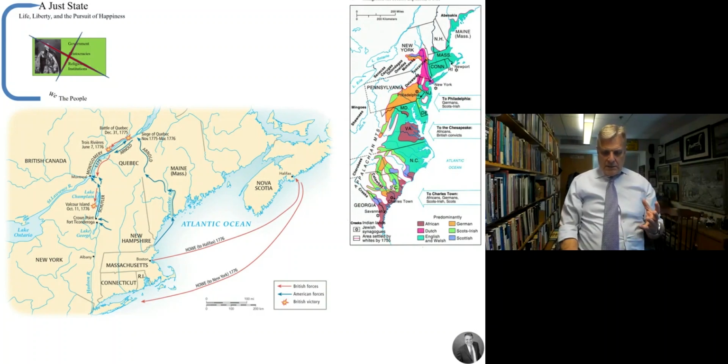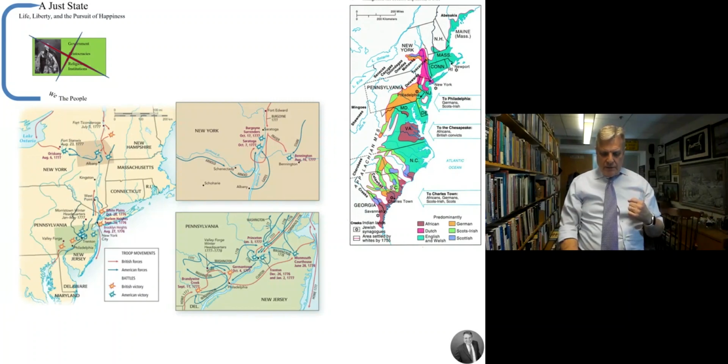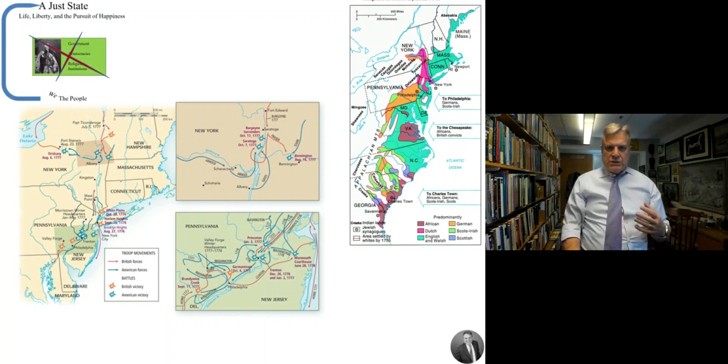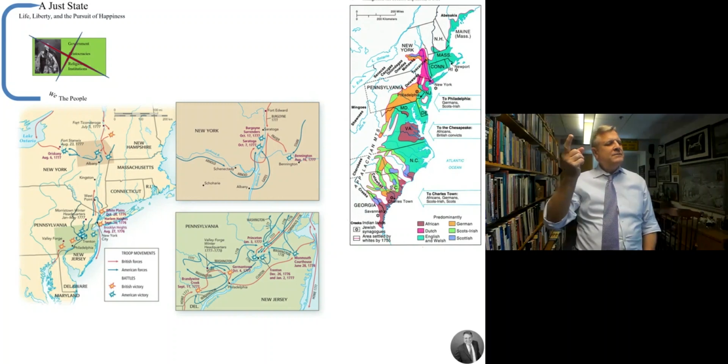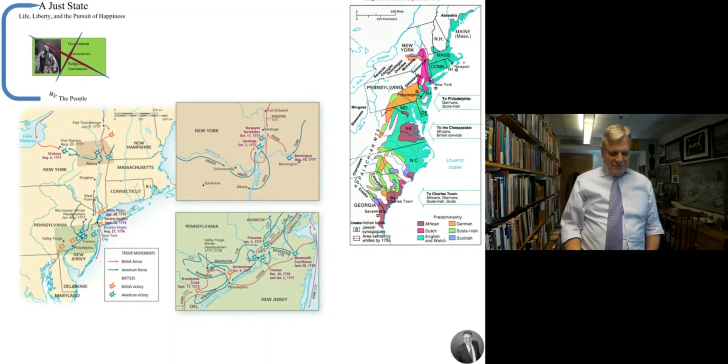But it expands, and after the Declaration of Independence, you have the bulk of the activity taking place around Pennsylvania, New Jersey, New York, and then an extremely important battle that happens up near Saratoga Springs. But in this second phase of the war, where Pennsylvania plays such a crucial role, this is where you'll remember the story of Valley Forge and George Washington leading troops across the Delaware and taking Trenton, New Jersey, and so forth.